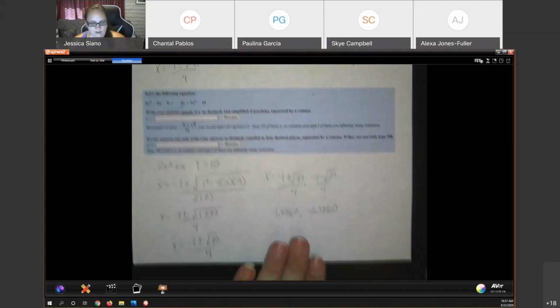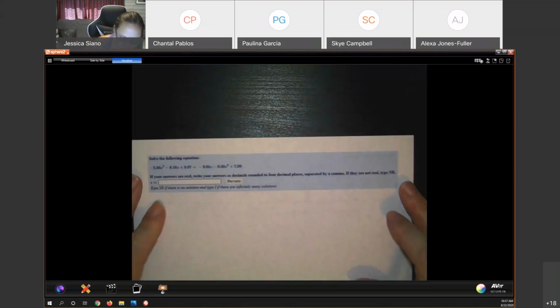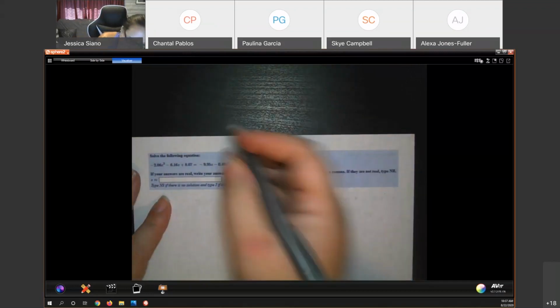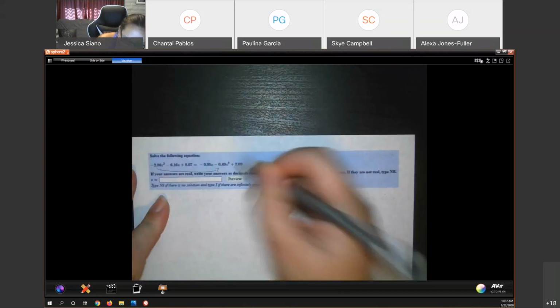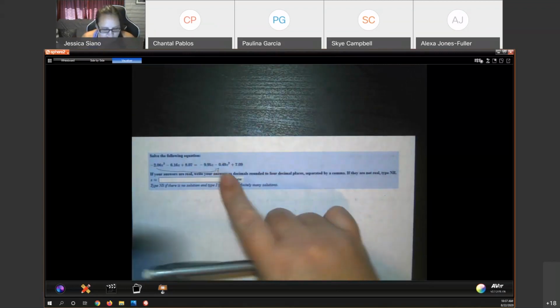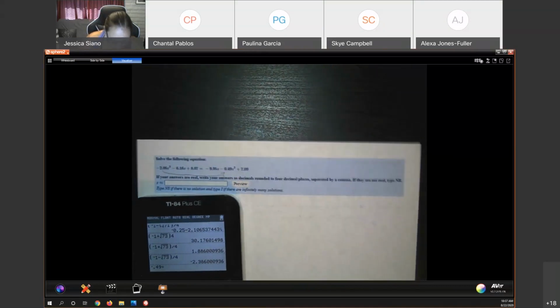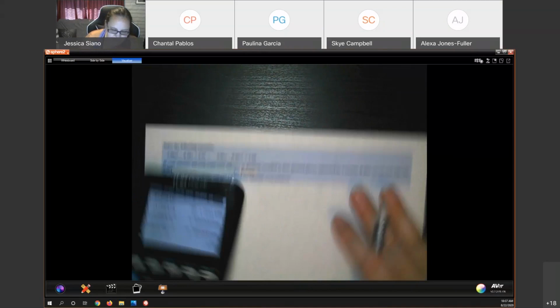Okay, and then one more. So again, I'm going to try to keep my A term positive. So I'm going to move everything over to this side. So negative 0.49 plus 2.06 is 1.57.